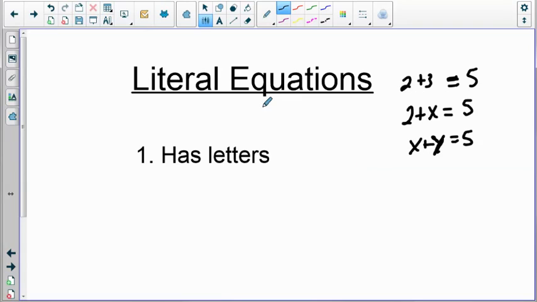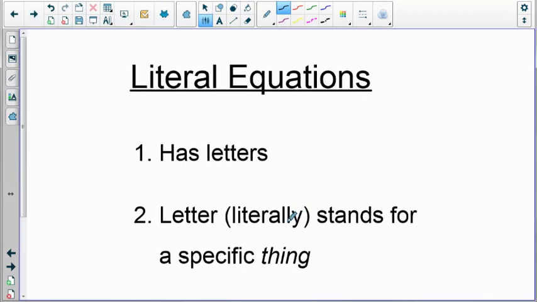The second definition that you might see is that other people insist that literal equations means literally literal. In other words, the letter stands for a specific thing. An example of that is area is equal to pi times the radius squared.